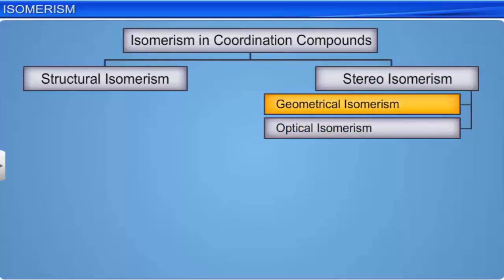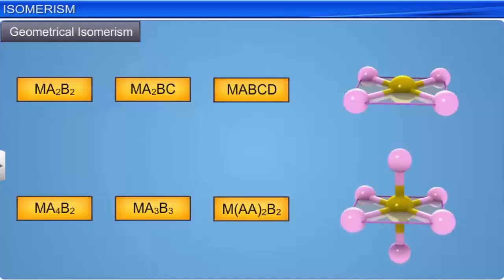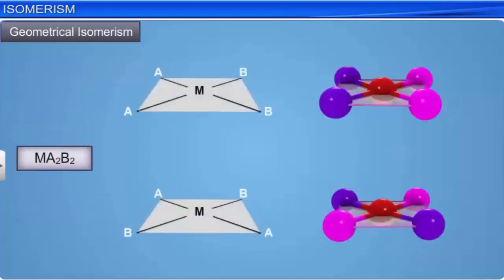It is seen in the heteroleptic complexes with coordination numbers 4 and 6. The isomer in which the two identical groups are adjacent to each other is known as a cis isomer, while the isomer in which the two identical groups are diagonally opposite to each other is known as a trans isomer.